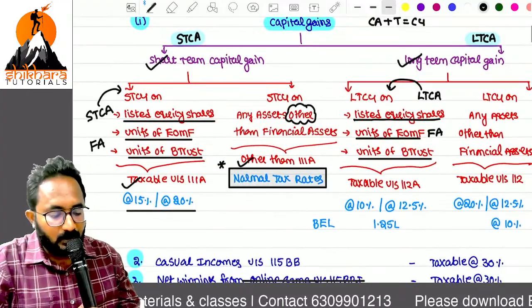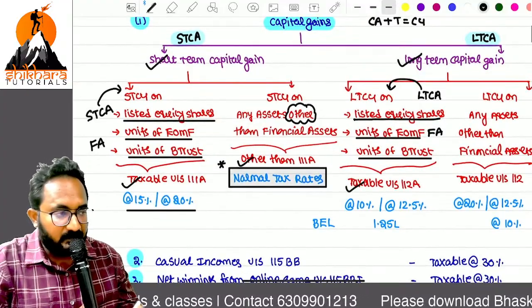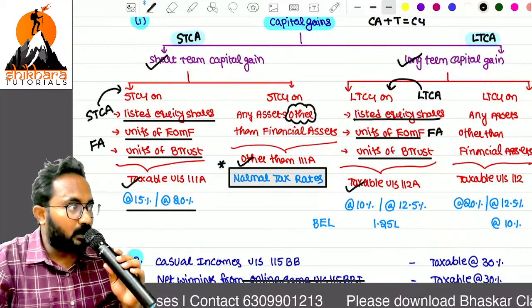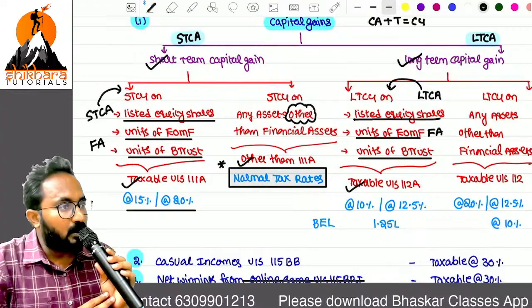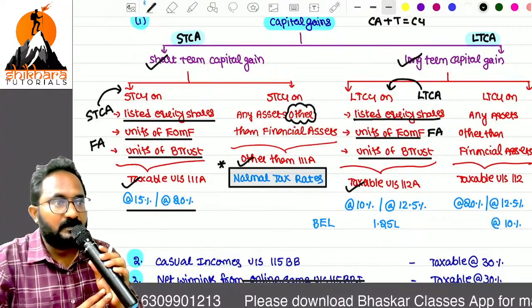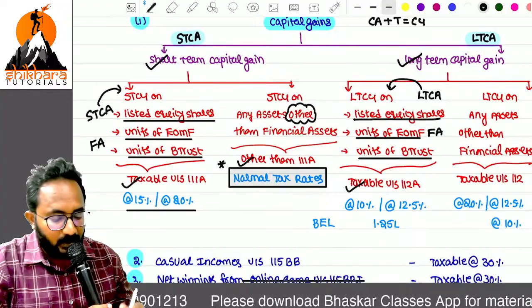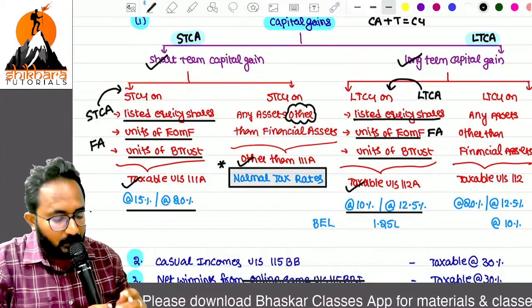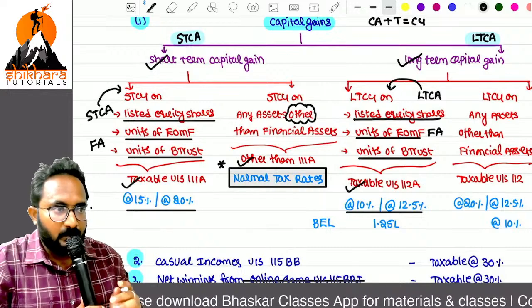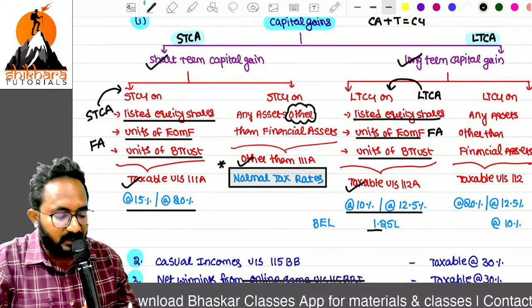That long-term capital gain is taxable under section 112A. What is the 112A tax rate? Before amendment 10%, after amendment 12.5%.